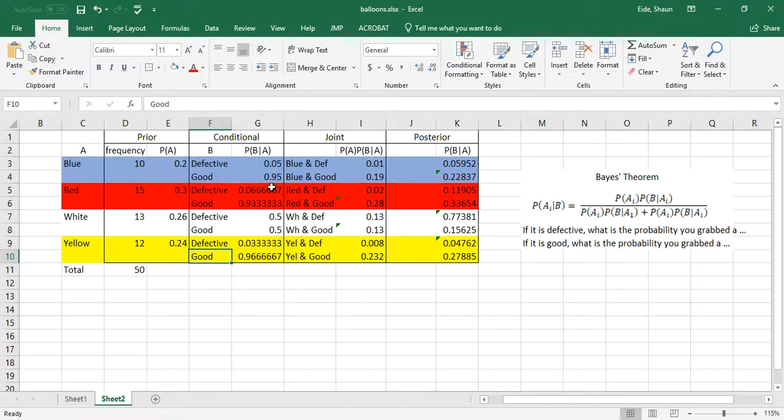And that gives you the probability of you randomly grabbing a blue balloon that is defective, which is 0.01. But the probability of you grabbing a blue balloon that is good is 0.19. So that's how you do the joint probability.